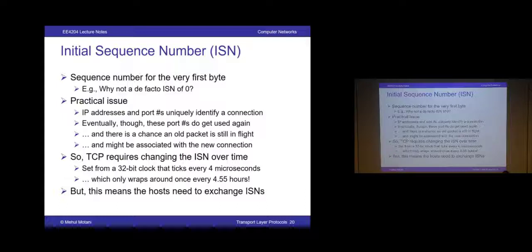Because of this, we don't want to start with a deterministic starting point. You want a random starting point. So the ISN, which is the initial sequence number, is a random quantity. What actually happens is the protocol defines a shift register.